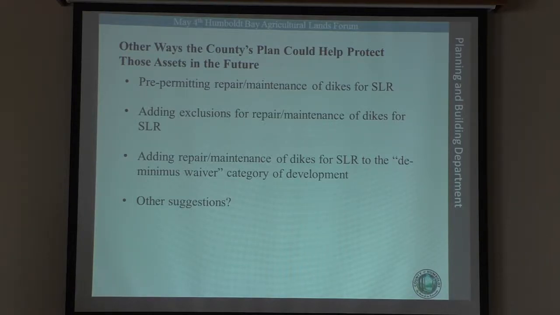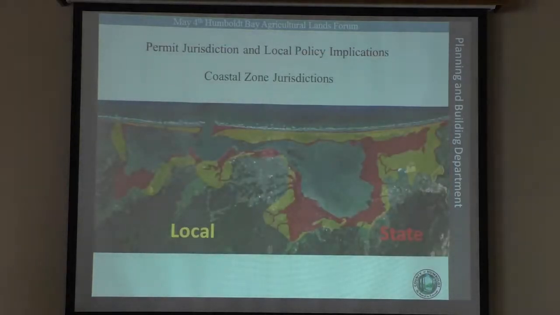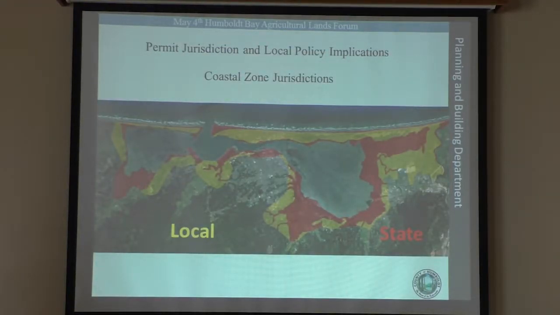The reality, though, is this requires state, local, and intergovernmental coordination to make sure that we're all operating on a common ground. I think the next slide begins to show some of the tension that we have.